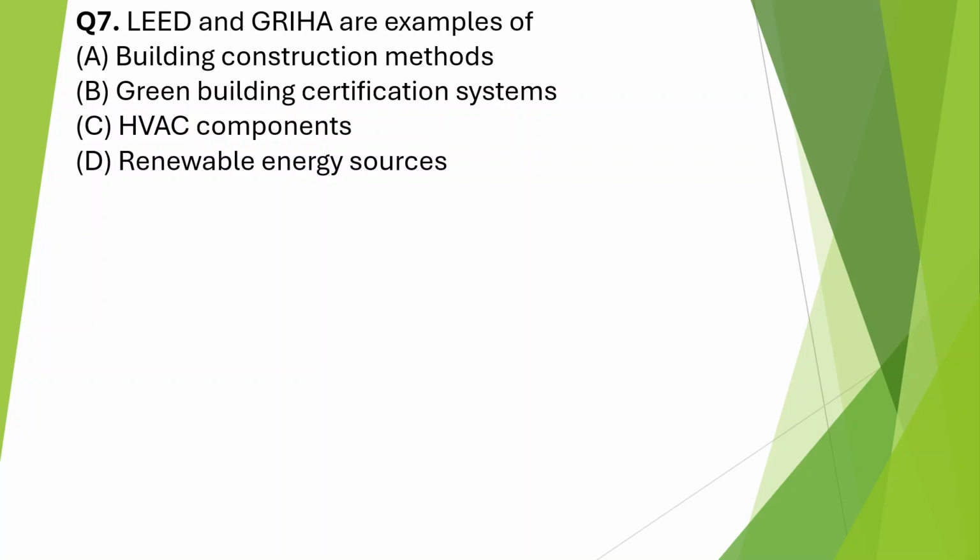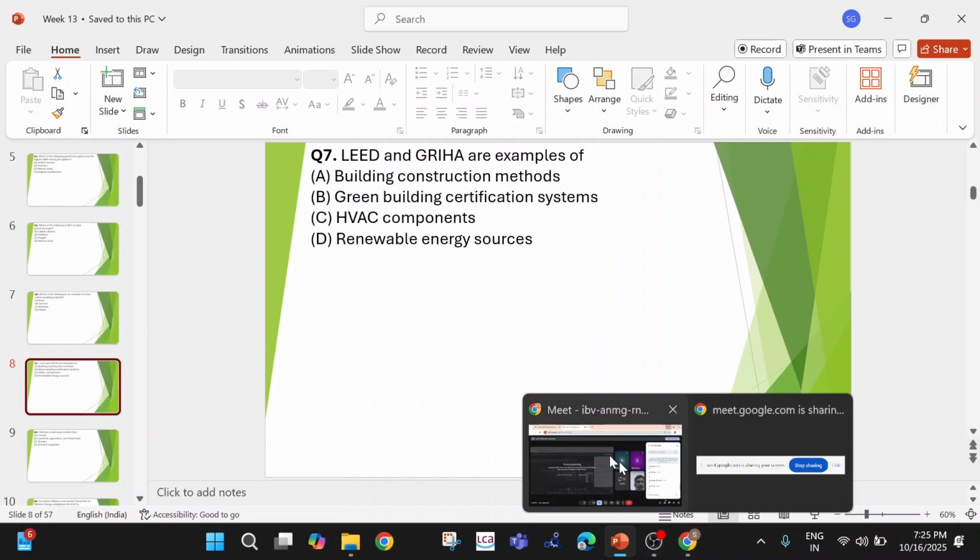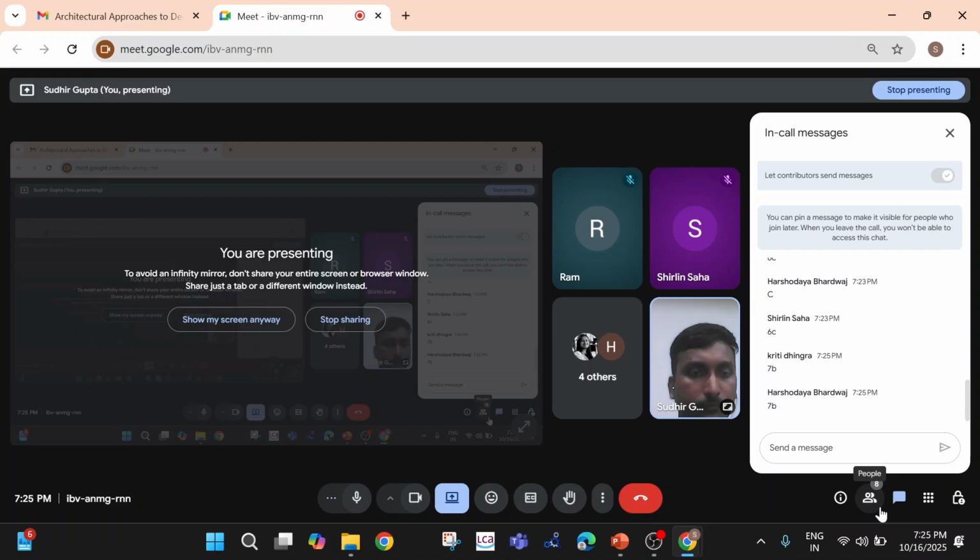Yeah, Kirti has marked the second option, option B. As I can see, Kirti is the first to give an answer to this question, and Harshoda is also there. Both of them have voted. Others might be waiting for the discussion to happen.